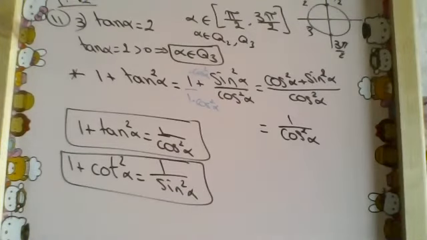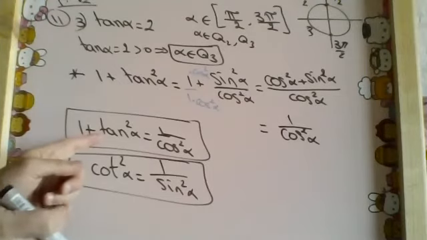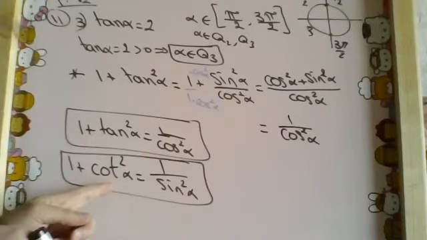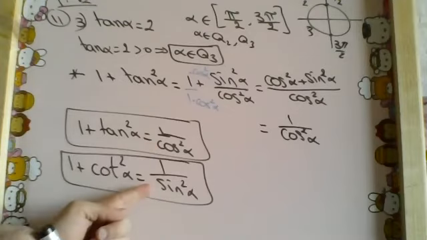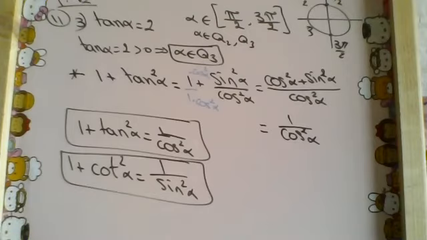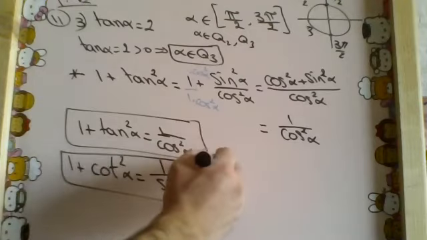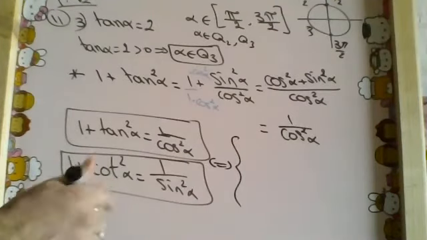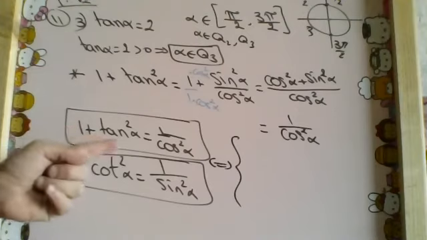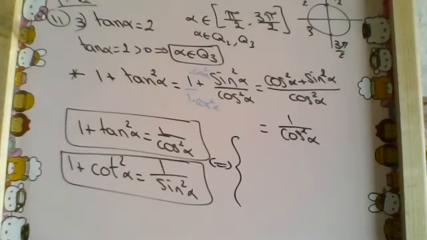You can apply it once tangent is defined, once cotangent is defined, when cosine alpha is not equal to 0 and here when sine alpha is not equal to 0. It's equivalent to say, take the reciprocals. 1 plus tangent squared is 1 over cosine squared.